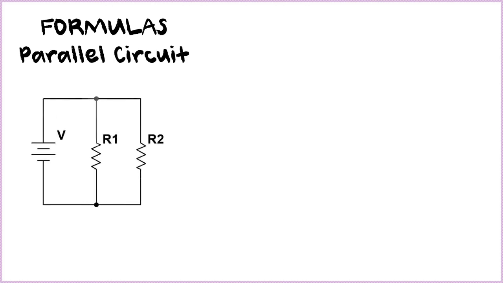So now, based on our water analogy, we would derive the formula for our parallel circuit. So we can always draw the circuit that we have: voltage source, the R1 and the R2, which are our resistors. So the formula for the total resistance is 1 over RT equals 1 over R1 plus 1 over R2.